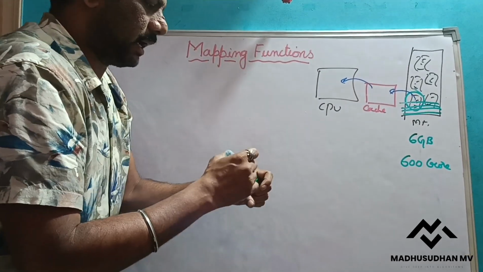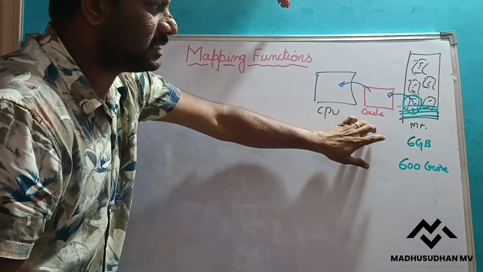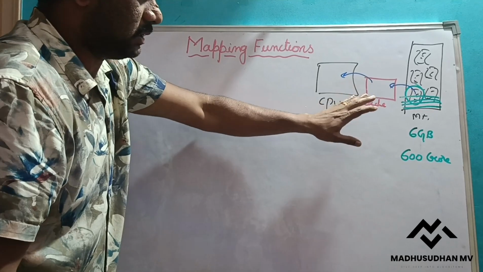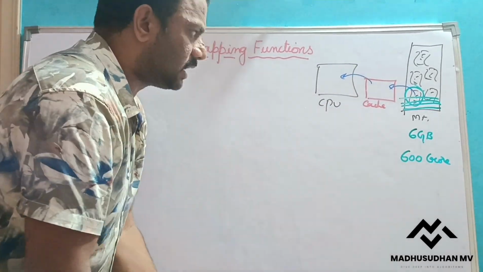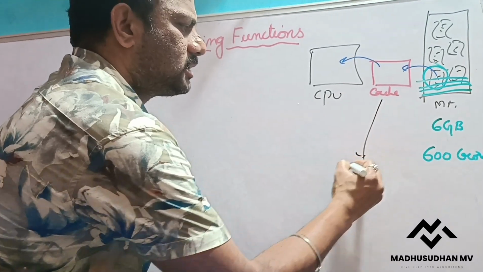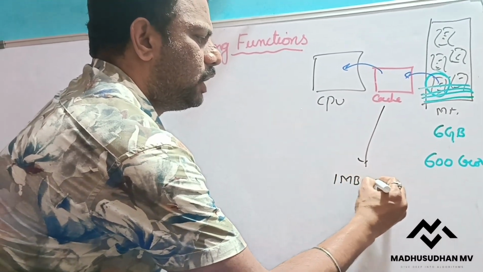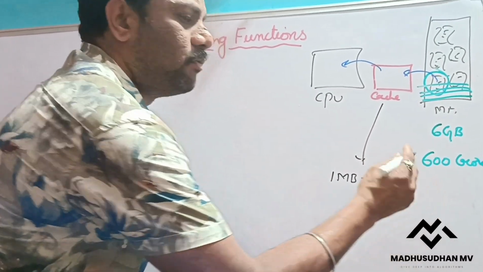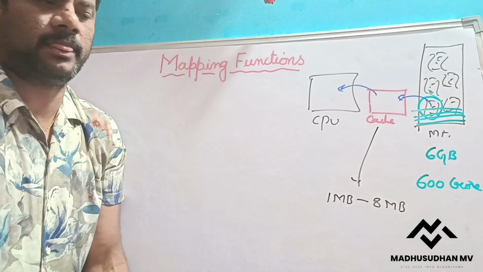But our cache, especially this L3 cache, the secondary cache, is generally in terms of 1 MB. Cache size is between 1 MB and 8 MB at maximum in our systems nowadays.